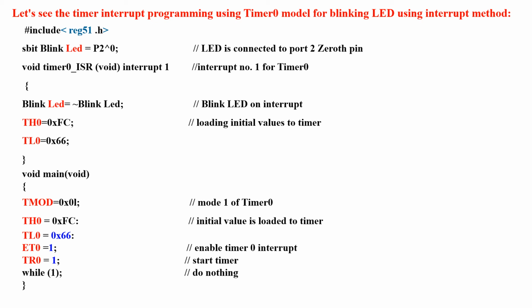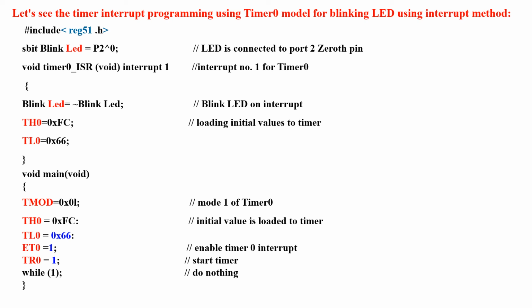In this program we write the status of the LED. For continuously blinking the LED, we invert the status of the LED, so we write the instruction blink_LED = ~blink_LED. Load the initial values of the timer: TH0 as 0xFC and TL0, the lower byte, as 0x66. Here the interrupt service routine program gets over.